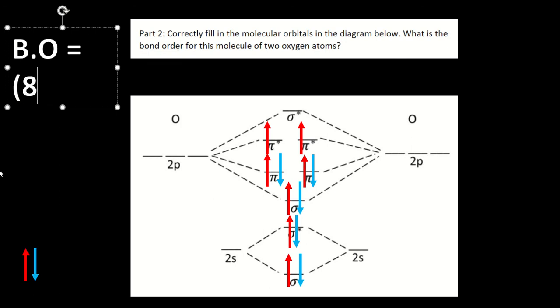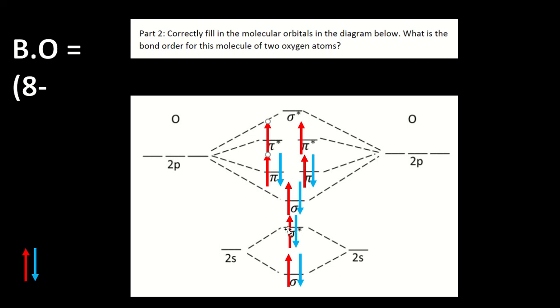So there's that. And now we're going to subtract the number of electrons in anti-bonding orbitals. That's essentially any molecular orbital that has an asterisk next to it. Well, we have this sigma star orbital all the way down here where the 2s atomic orbitals combined. That has 2 electrons in it. And then the pi star molecular orbitals up top each have 1 electron in them.